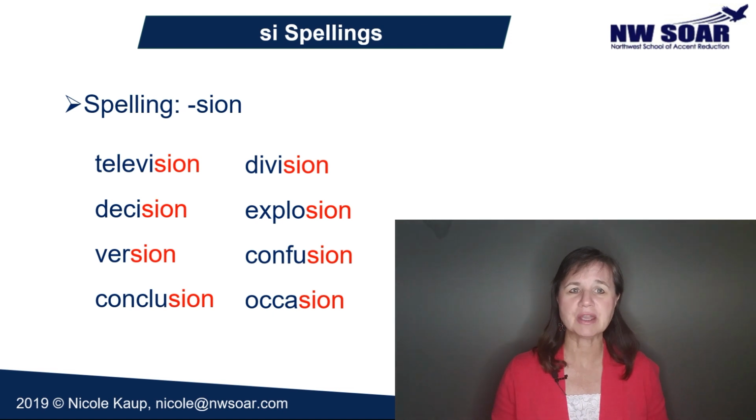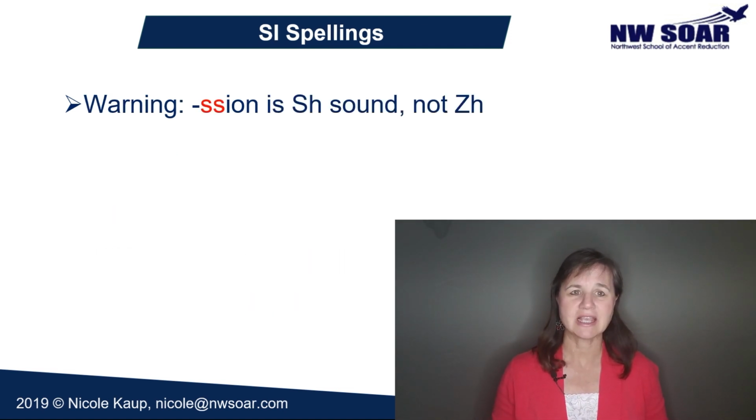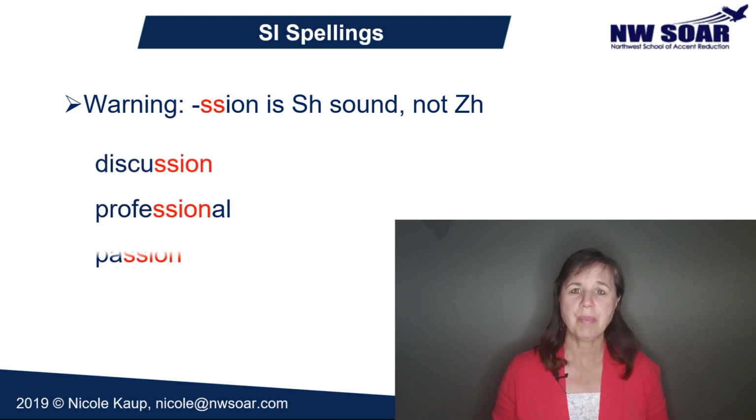Now here's something important to note. Words spelled with double S-I-O-N are pronounced with an SH sound instead of a j sound. Examples of this include discussion, professional, passion, and there are many others also.